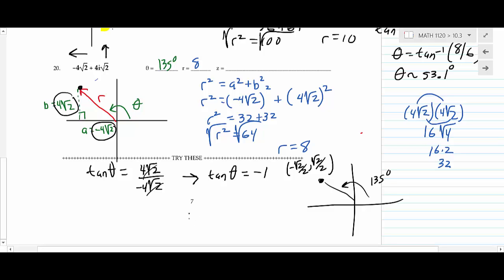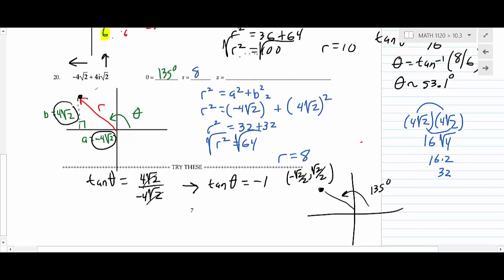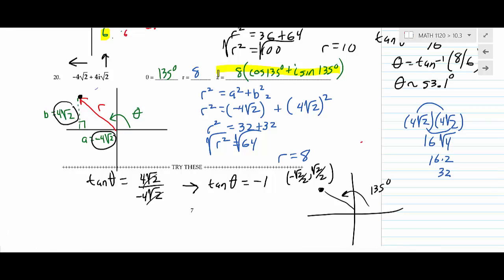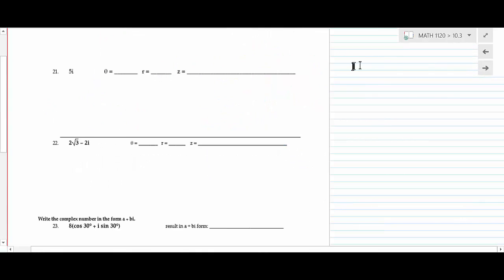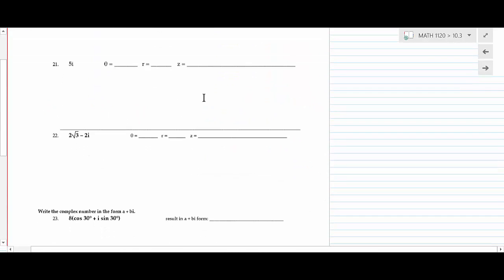So for your answer on this, you would have z is equal to r, which is 8. Then you would say cosine of 135 plus i sine of 135 like that, and then you're done. Okay, that's the answer to the problem. All right, does that look okay? It's not too hard. It's applying things you've learned. The idea of a complex number in this form is what's different.